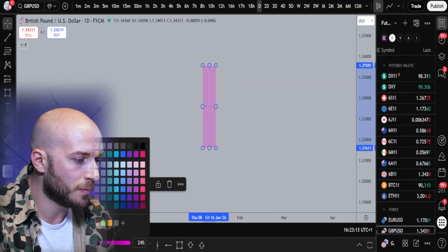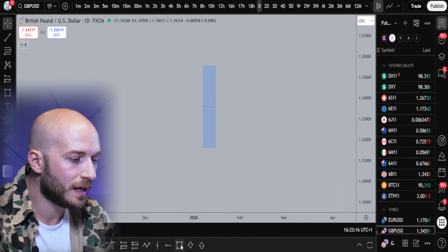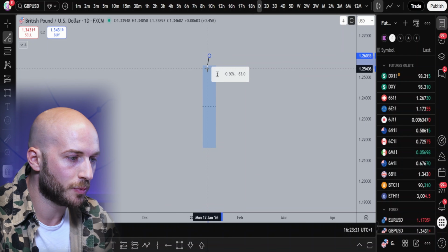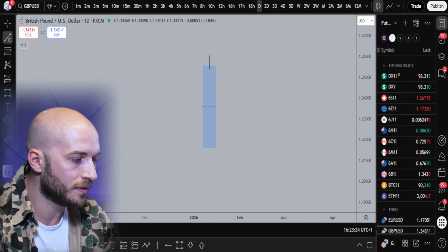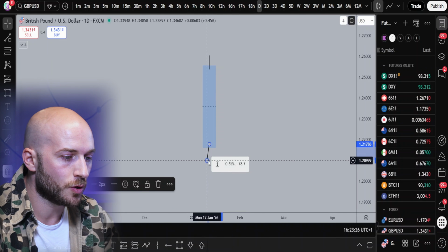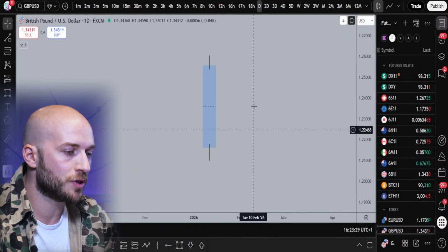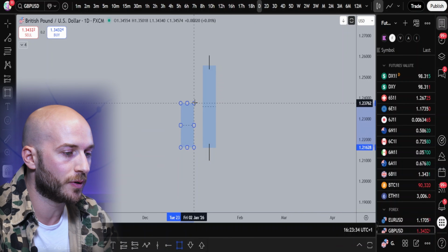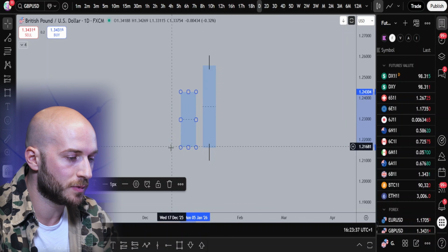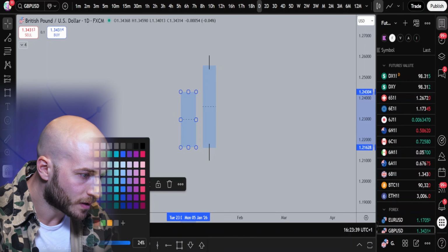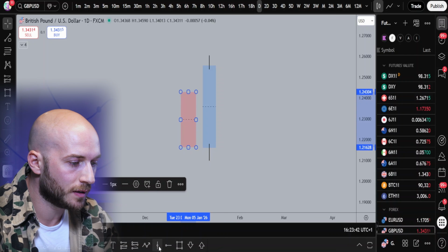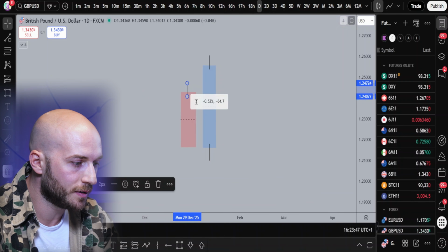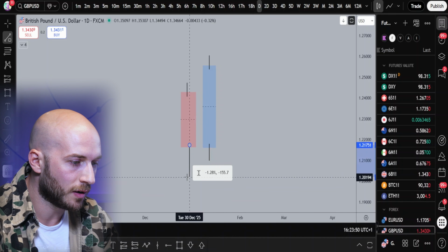So this is a bullish candle, okay? And these are the wicks. You have the top of the wick, and you have the other. Just watching this, you have no information, but watching the candle before, let's assume this is a bearish candle, and you have a wick right here, and maybe a longer wick right here.